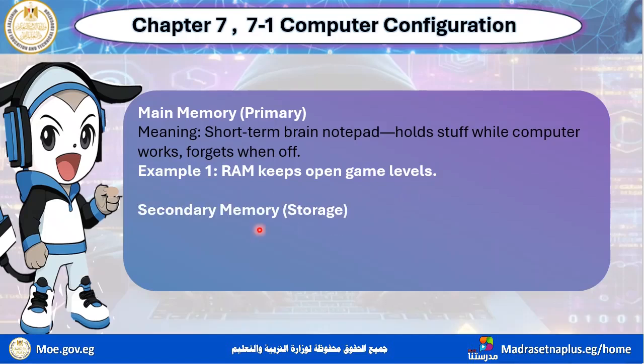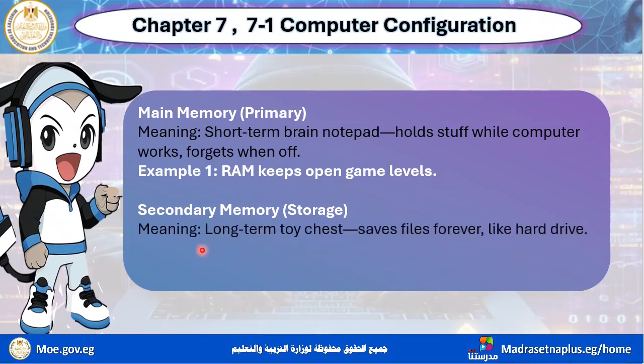And as for the secondary memory or the storage itself, it means long-term memory that can save things or save files, okay, forever. So it's like a box, you keep your toy in it without losing it.